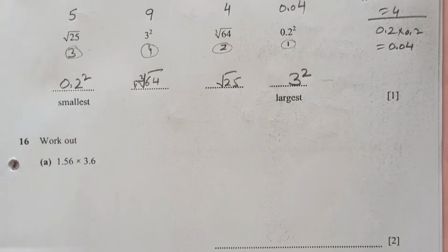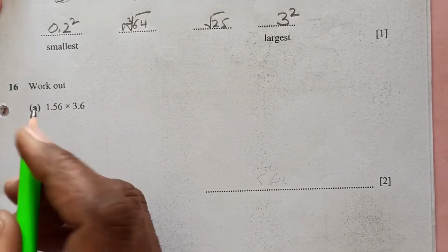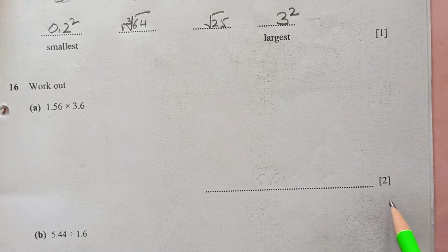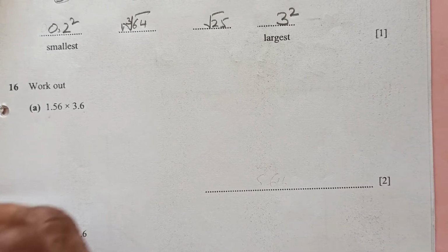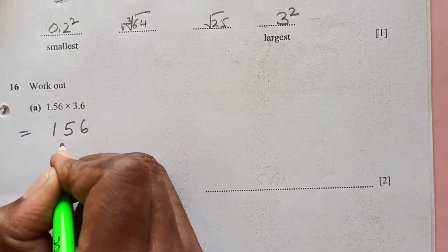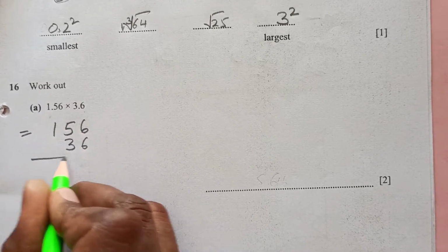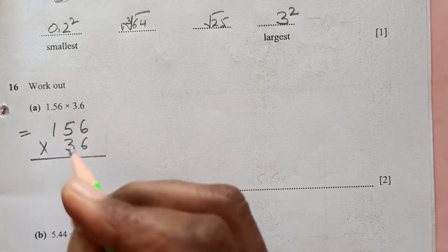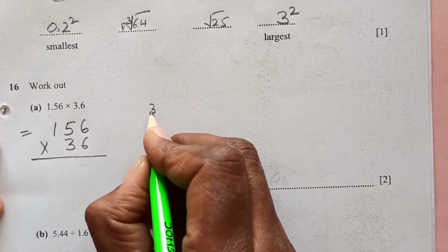Now next we have a decimal question here. Work out. You see, this is just simple multiplication, but 2 marks. You can easily get 2 marks in that. Don't miss these marks. 156 times 36. So you just multiply without the decimal. We will deal with the decimals afterwards. Now 6 times 6 is 36.